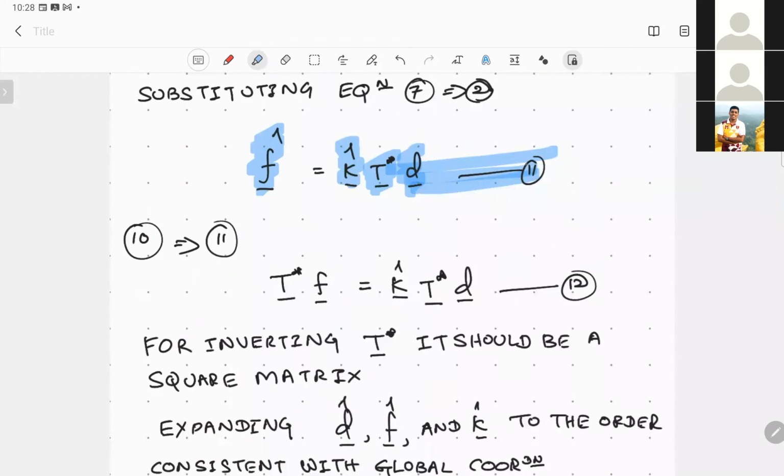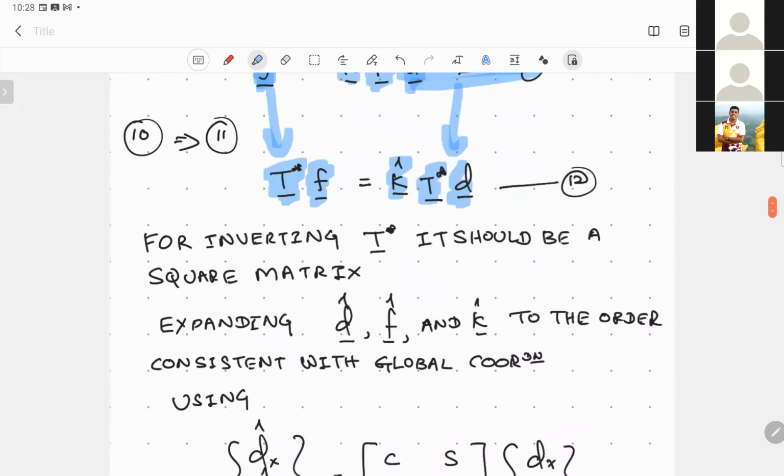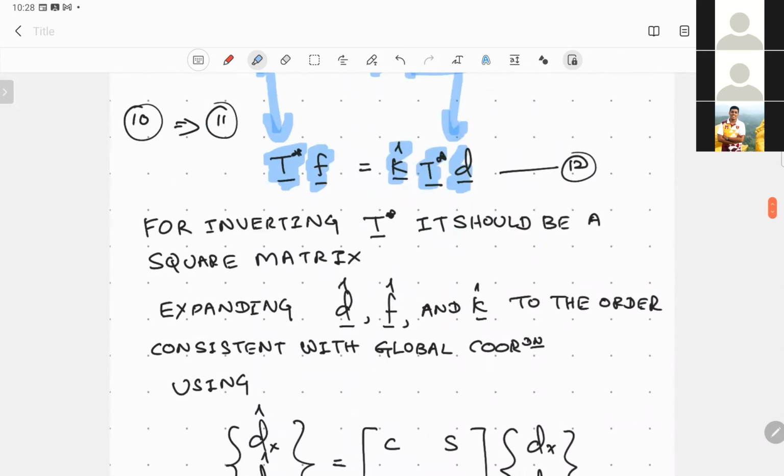So I have used equation number 11 and substituted f hat by t transformation multiplied by f, which is equal to the right hand side of this equation, k hat times d hat times d. So now our objective is to find f. For this, we need to invert this matrix.